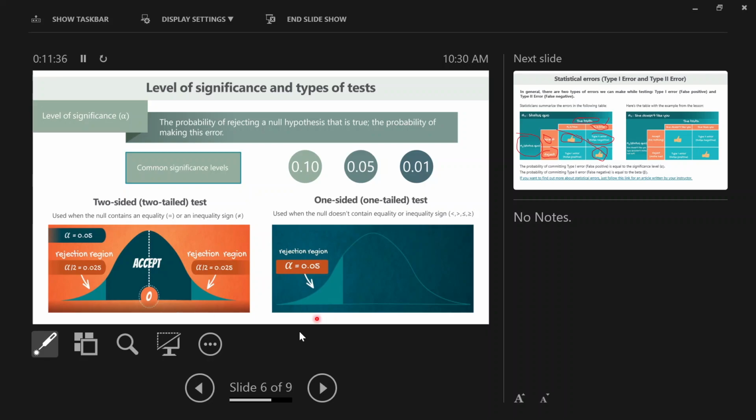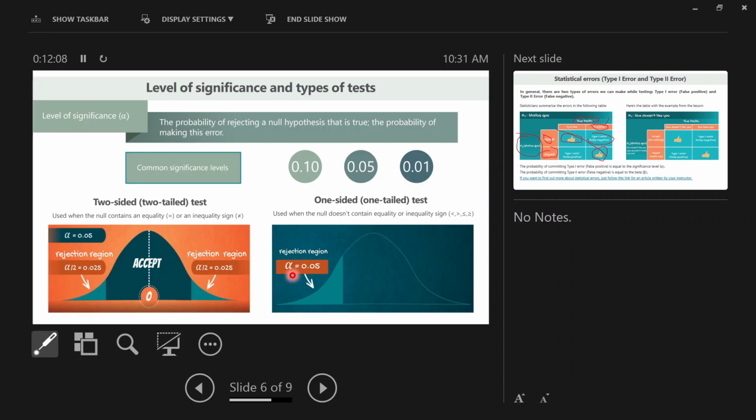So we are saying that the probability of rejecting a null hypothesis that is true is the probability of making this error. This is the level of significance. It's called the level of significance. So we have the common significance levels. These ones we already know, 0.1, 0.05, and 0.01.